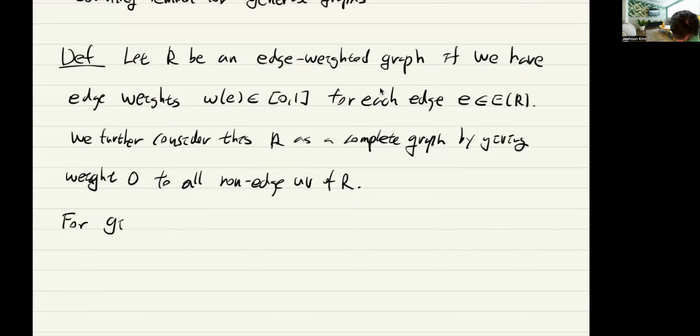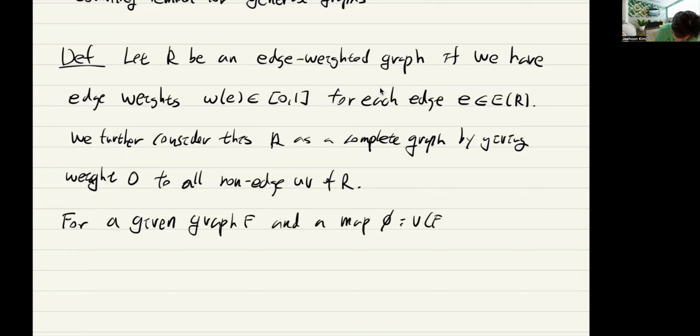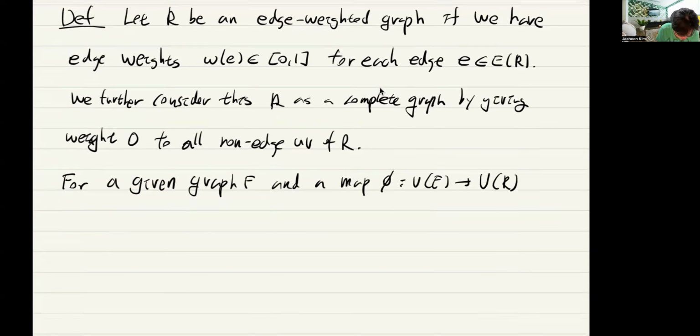And for a given graph F, and a map pi, which is a vertex map that maps the vertices of F to vertices of R, for this pi, we can compute its number.